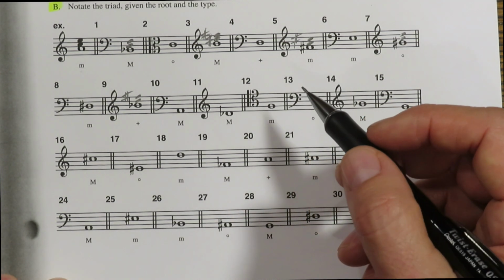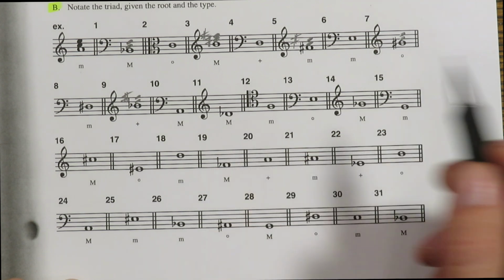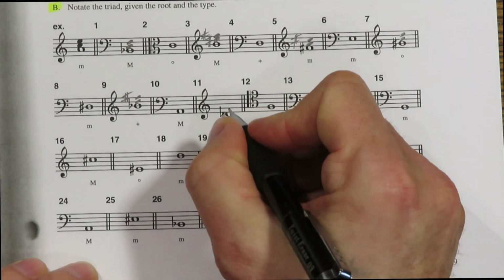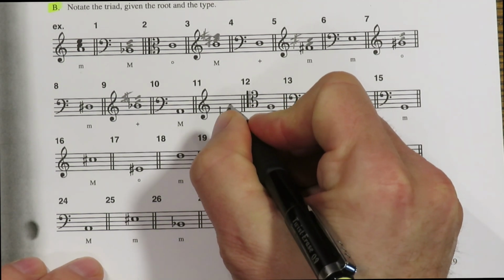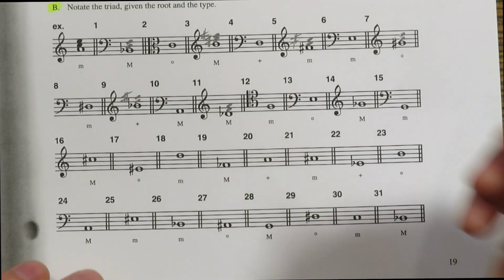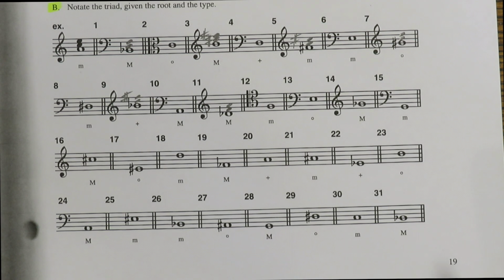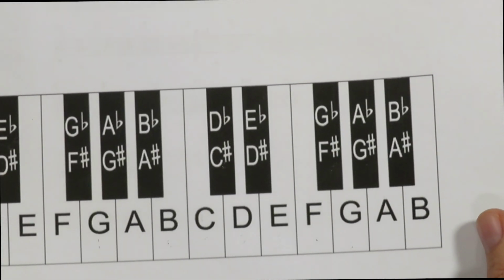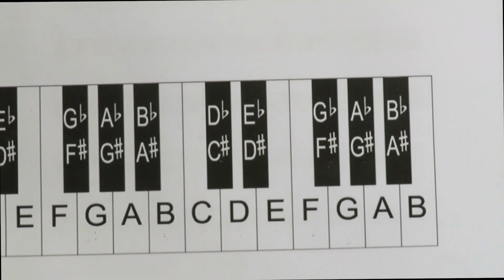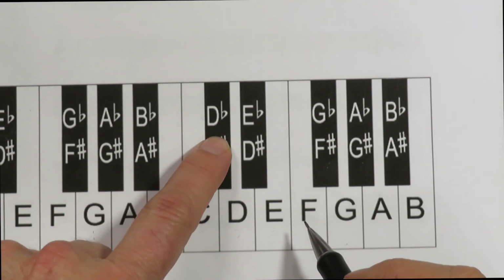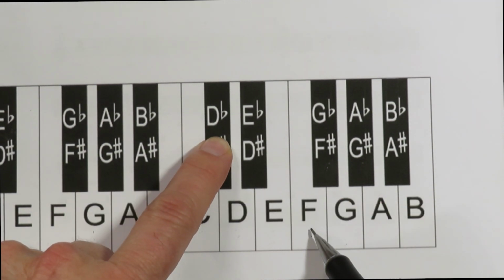Number 11, D flat major. Again, we stack it up. Now, D flat to F. Let's check it out. We want it to be a major third, right? Here's D flat, whole step, whole step. It is a major third.